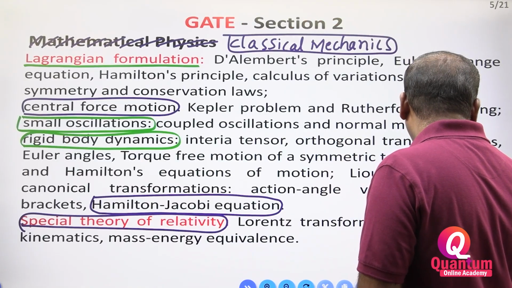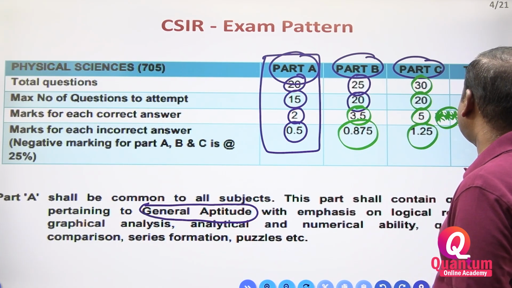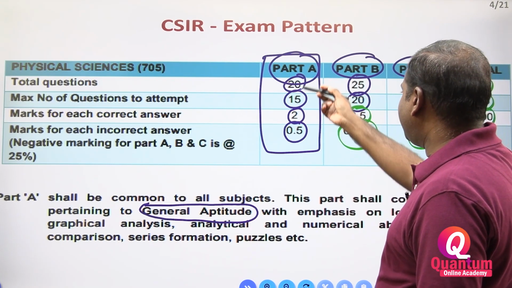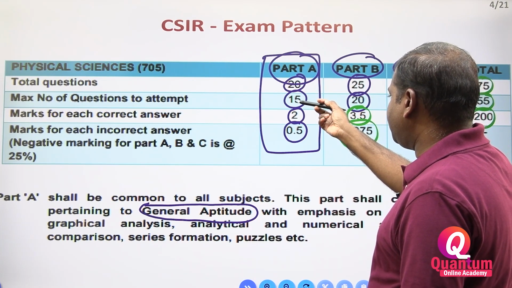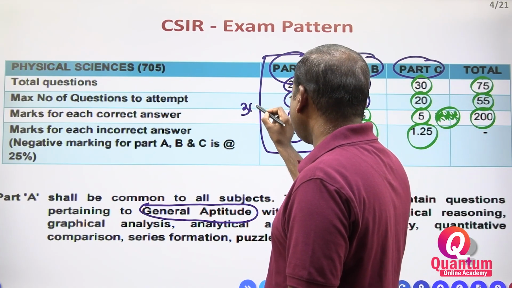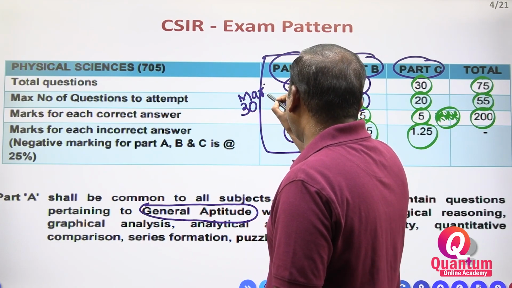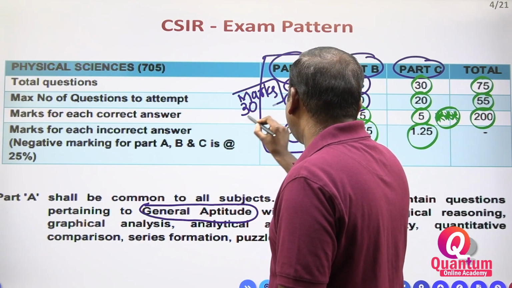Now in CSIR, out of the questions from general aptitude, we have to do 15 questions. 15 into 2 is 30 marks for general aptitude.